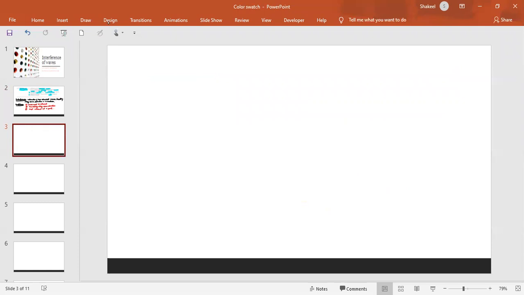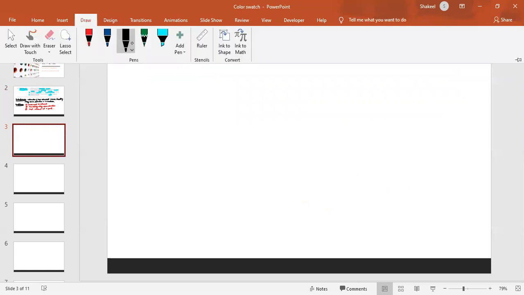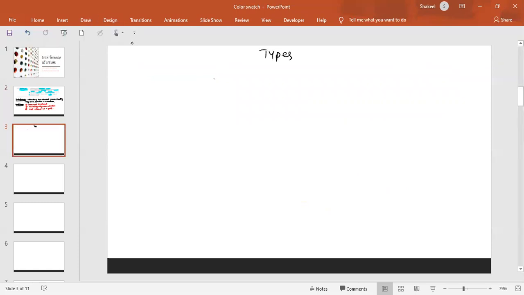Then let's work on the types of interference. When two coherent waves are interacting with each other, two types of interference can happen.